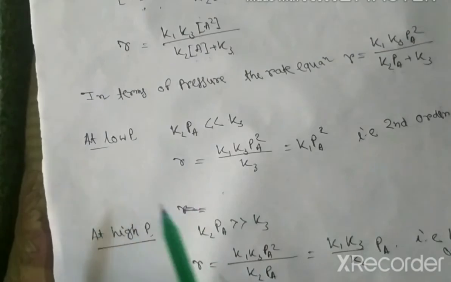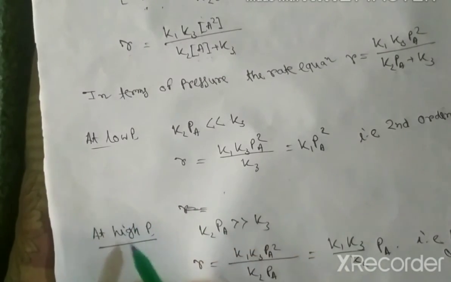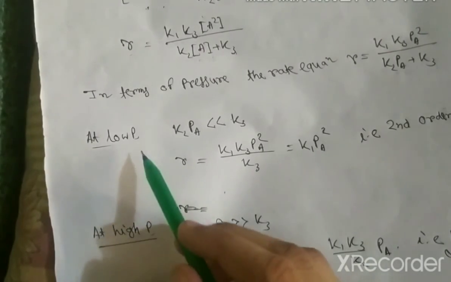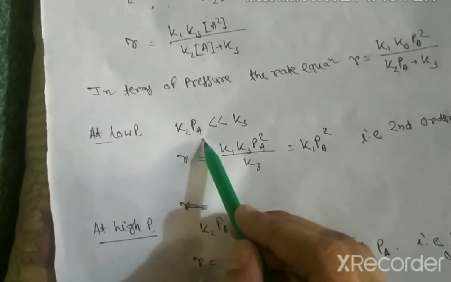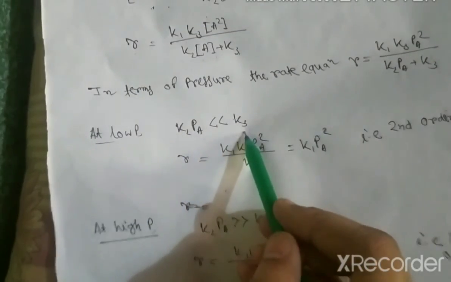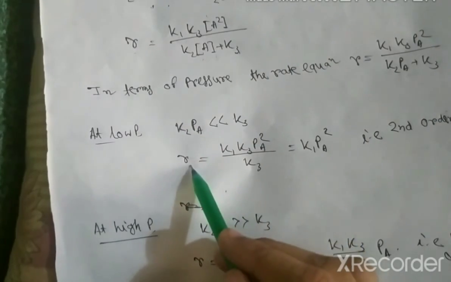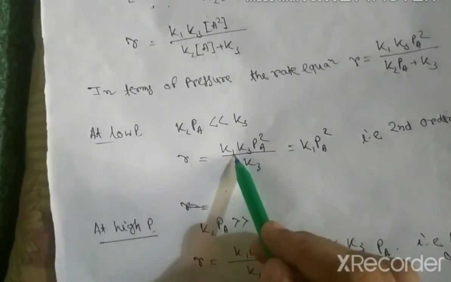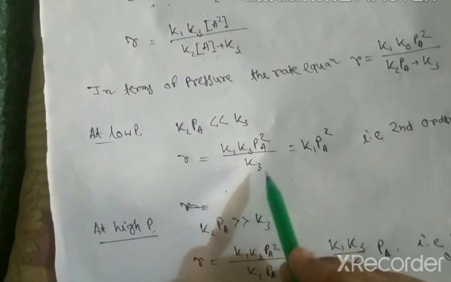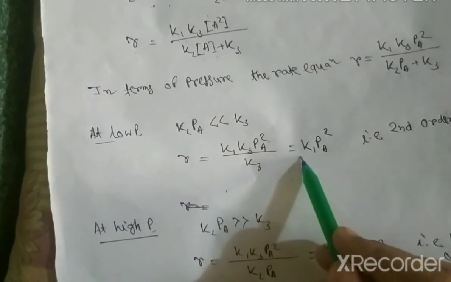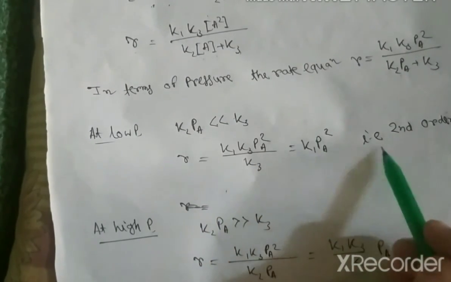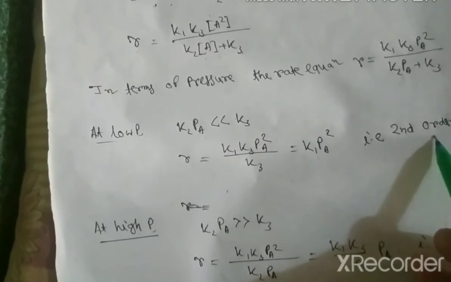Now we consider two cases, at low pressure and at high pressure. If the pressure is low, then k2 into P_A is less than k3, then we can neglect this part and we can write rate is equal to k1 into k3 into P_A square by k3, which is k1 into P_A square, that is, it becomes a second order reaction.